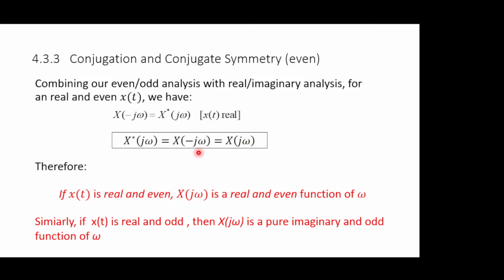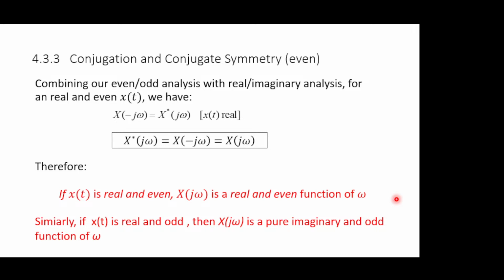And so we see that big X is even, and it's also real, right? Because big X equals big X star. And so we arrive at the conclusion that if your small x is real and even, then your big X of j omega is also real and even. So that's a pretty nice property.